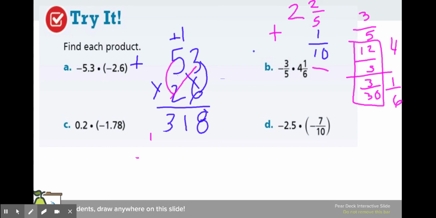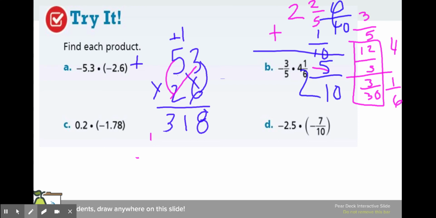Okay, we know we can't add fractions unless they have common denominators, so I'm going to make this 4/10 because I multiply the top and the bottom by 2. So 4/10 plus 1/10, I get 5/10, and then 2 plus nothing, I get 2.